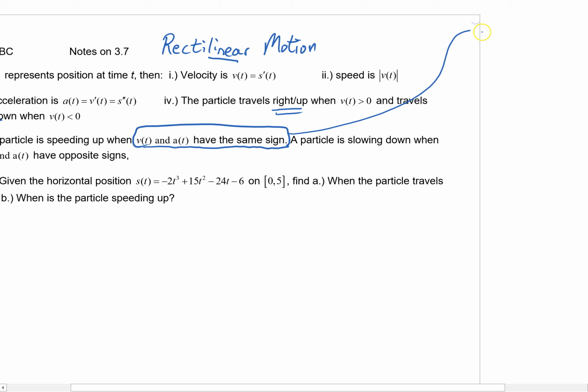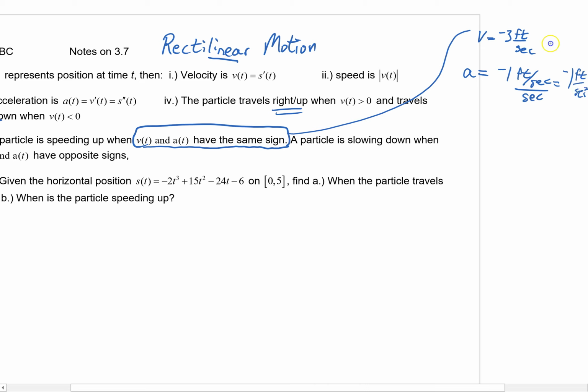Let's talk about that. Let's just say that your velocity was -3 feet per second. It's negative. Let's say that your acceleration, the way velocity is changing, let's say it's -1 feet per second every second. So it's -1 feet per second squared.